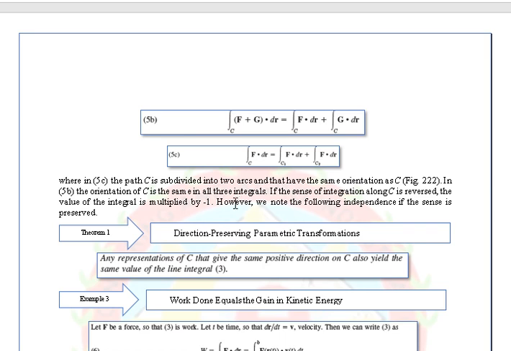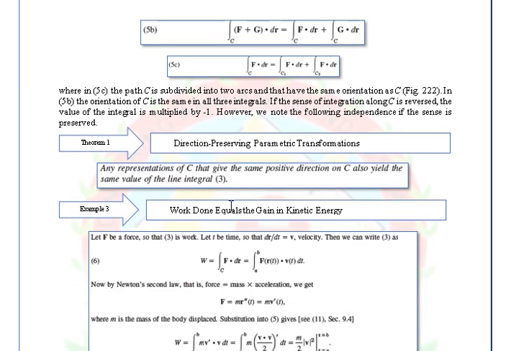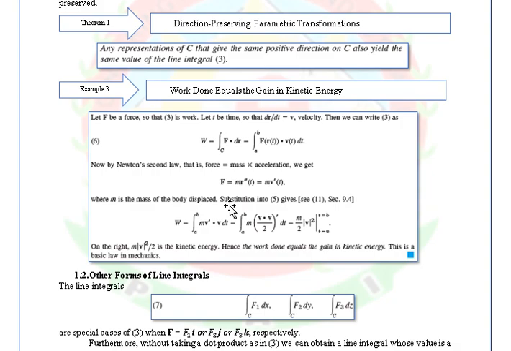But if that function has an original function which has been derived by using a gradient, ibig sabihin may original siya na form, then if you take its line integral, it will be independent of that path.